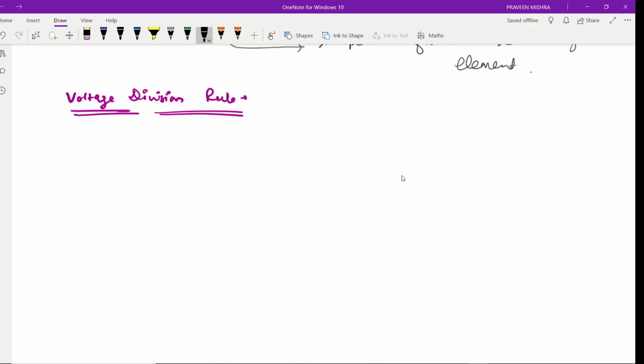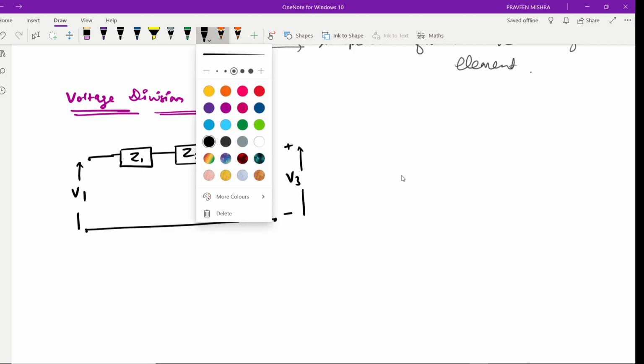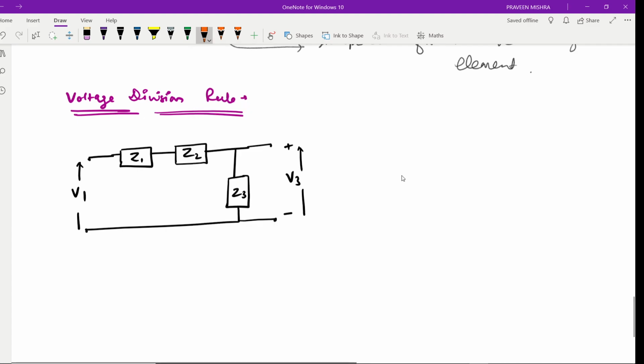Okay. If a network with impedance Z1 is there, and this one is the impedance Z2, and this one is the impedance Z3, and consider this one is V1. Then you know only two things.